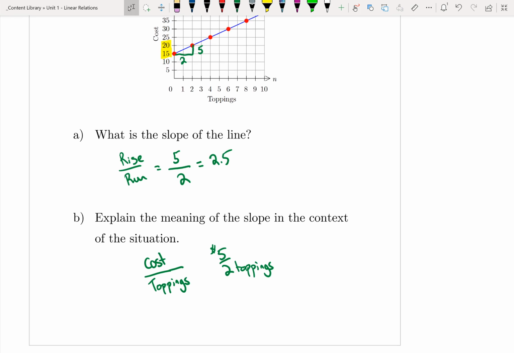And when I change it to 2.5, when I actually divide 5 by 2, what that's saying is it's $2.50 per topping. So the slope, or the rate of change, is telling me the cost per topping, which is $2.50 per topping, or $5 for 2 toppings.